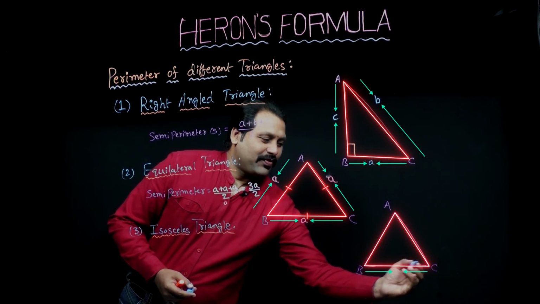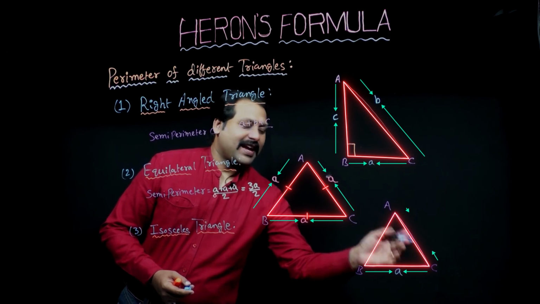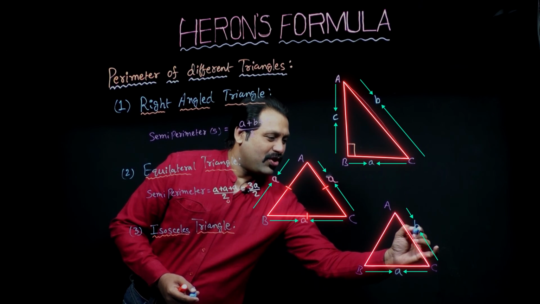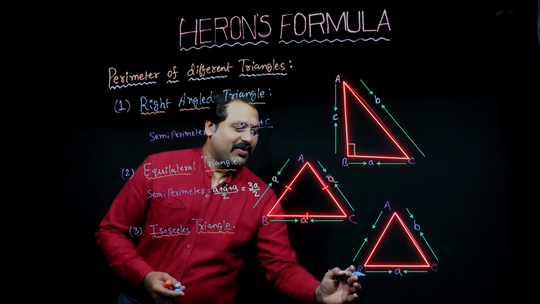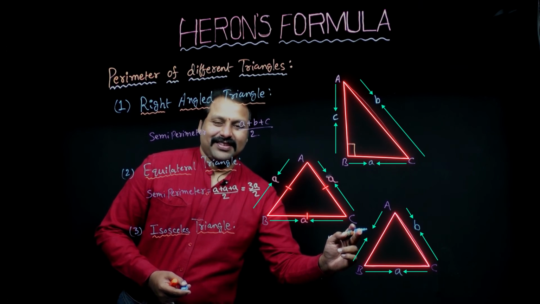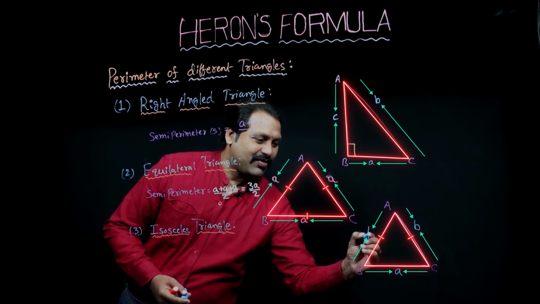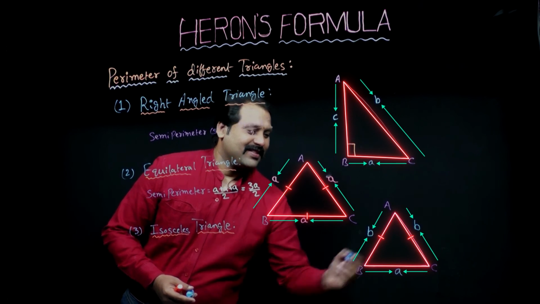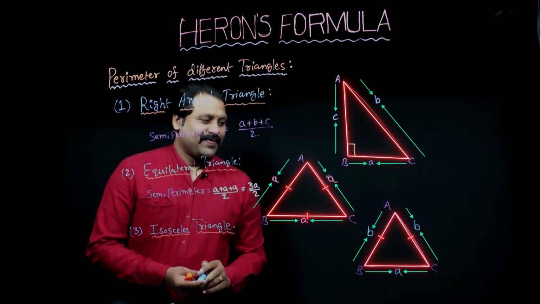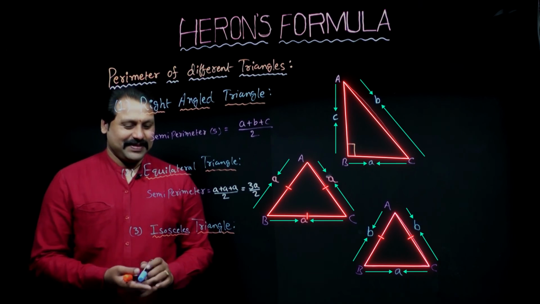So the side BC, let it be small a. The side AC, let it be small b. The side AB, let it be small c. But two sides are equal, that's why c is equal to b. So here the side AB is equal to the side AC.